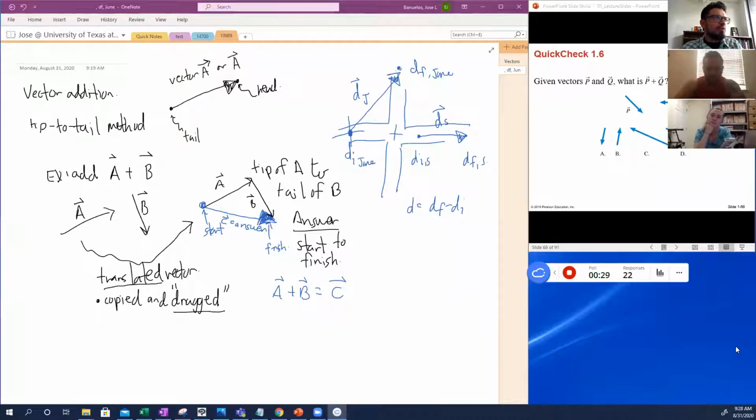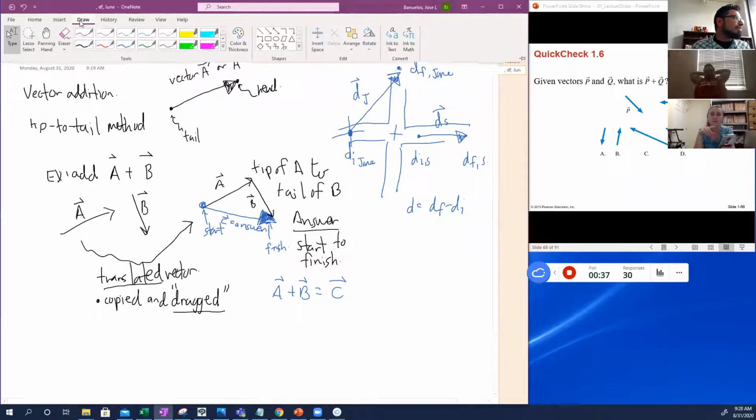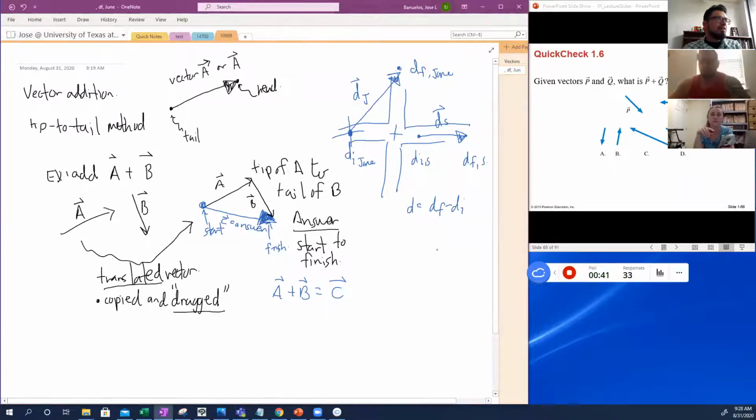But while you guys draw it out and try to figure it out, I always recommend that you do, in fact, draw it. It's hard to figure these out sometimes if you are only thinking or looking at it. So this is quick check 1.6. We have P, looks like that. We have Q, that is horizontal, not like what I just drew.